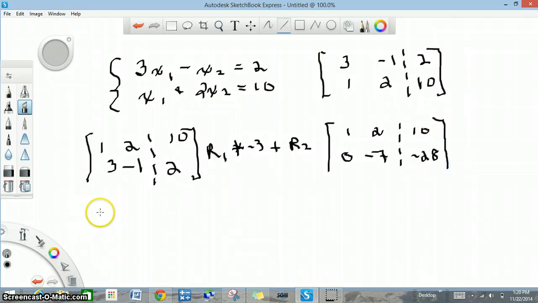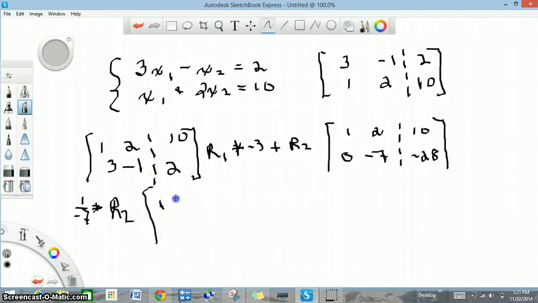Next, I'm going to take row 2 and multiply it by 1 over -7. Again, that's times row 2.